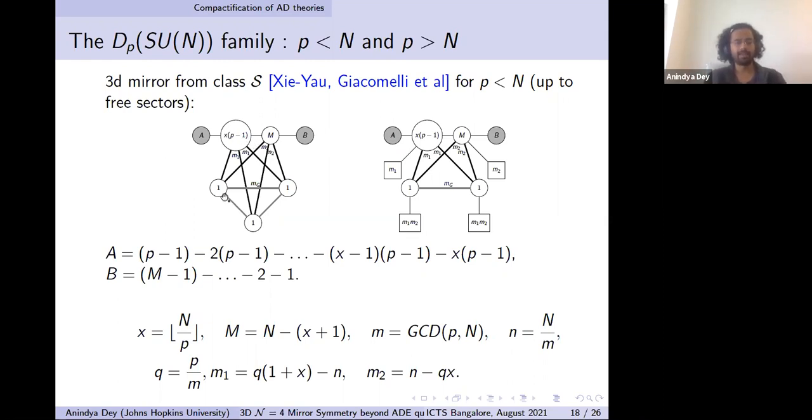And then this is connected to a complete graph by fundamentals of different multiplicities. Every edge here is worth m1. Every edge here is worth m2. And the edges of the complete graph itself are worth mg. All these are parameters which are determined once you specify p and N. The details are not so important, but generally this is what's going on.